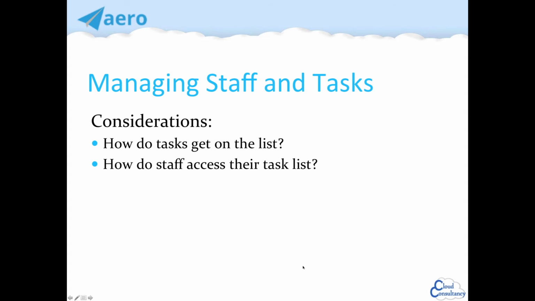Is it easy to manage your recurring schedule of different tasks? Where's the checklist or spreadsheet stored? How is the staff going to access it? If it's on a central server, what happens when you have remote staff? A lot of times firms start out with an Excel worksheet, but that quickly gets unwieldy. What happens when multiple people start updating that at the same time?